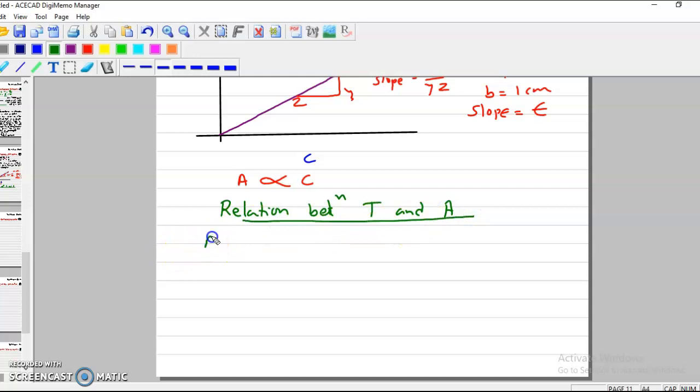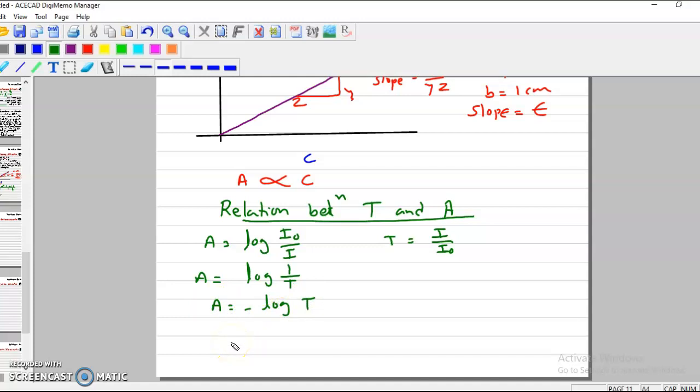So you know that A is equal to log I0 upon I, and T is equal to I upon I0. So you can see these two are opposite. So if we relate these two, then we write A is equal to log 1 upon T, or we can write A is equal to minus log T.